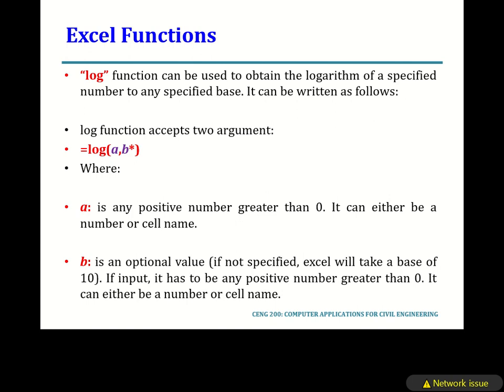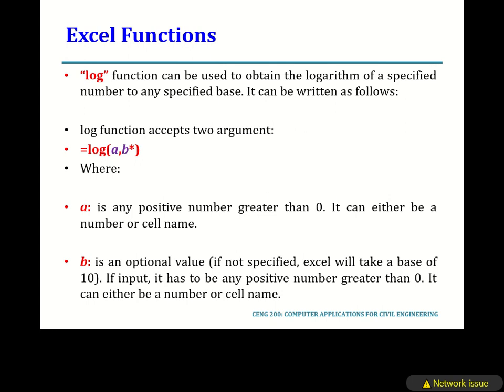In the slides, it means you can put the value of b yourself. If you don't put the value of b, Excel will take the default. The default is 10.